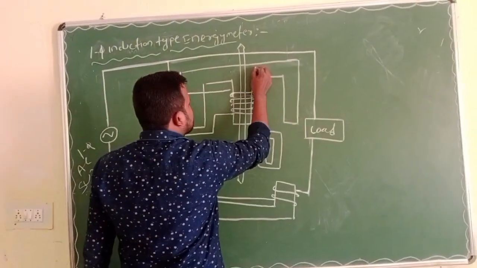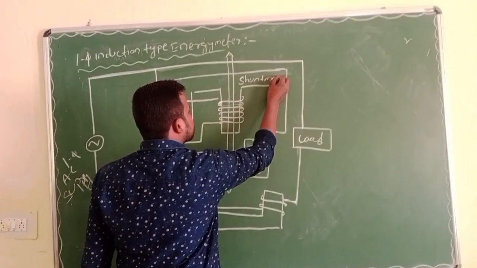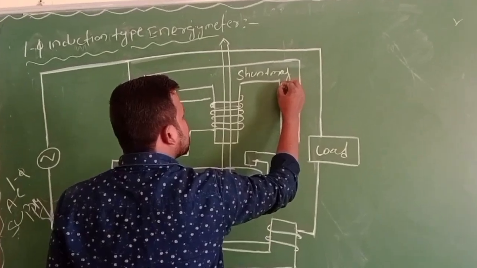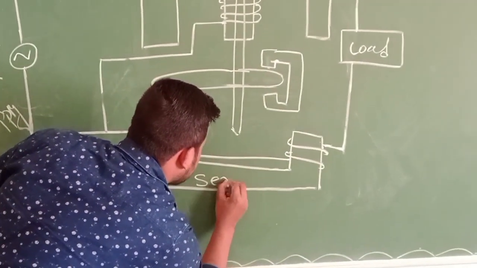It is called the shunt magnet, and it is called the series magnet.